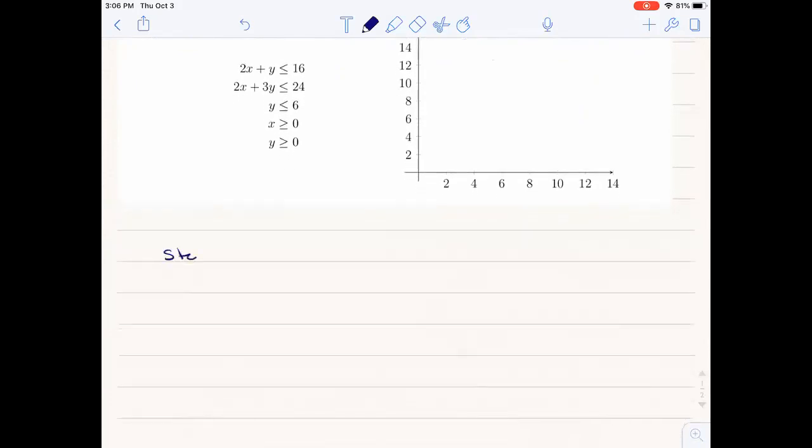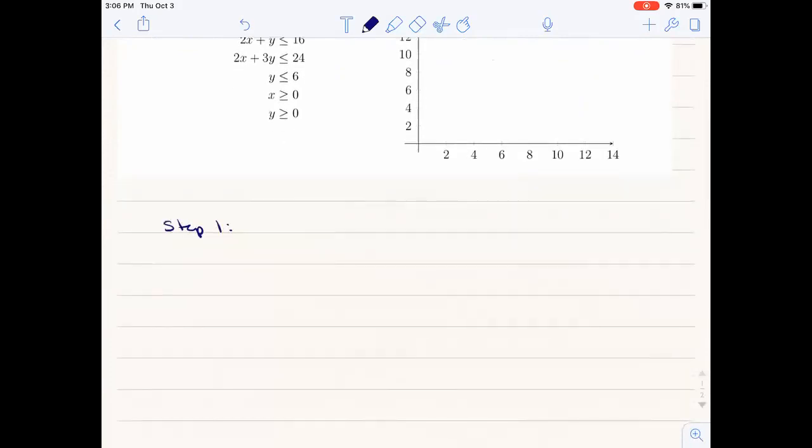So step one is to draw the constraints on the graph. To draw these lines, right, these are straight line equations. I find it's easier if we move them into y equals mx plus b form.